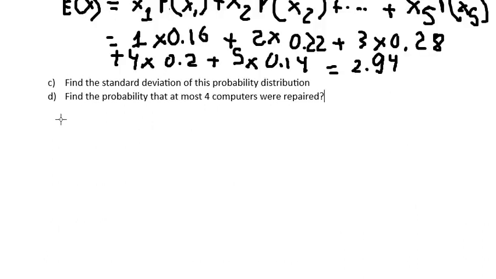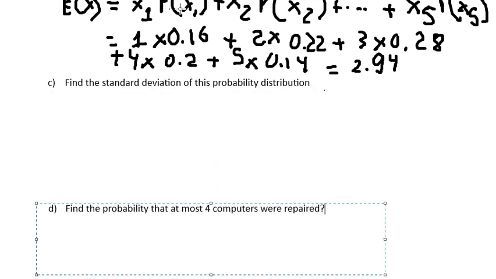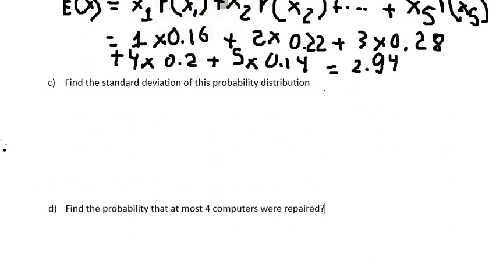Question C. Standard deviation. We have the formula in here. That is this one.